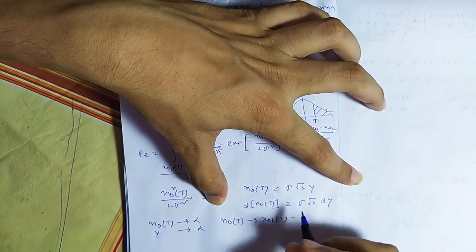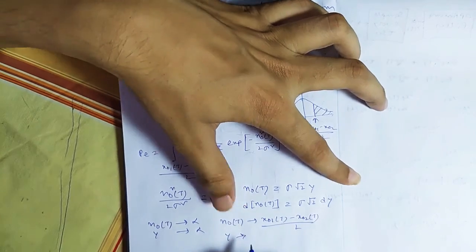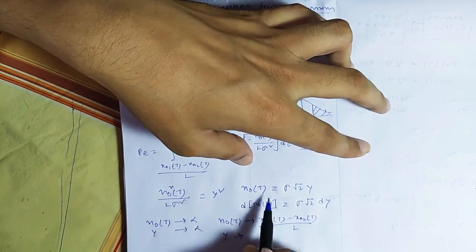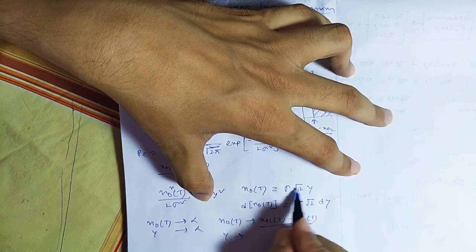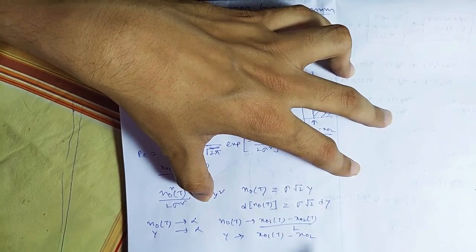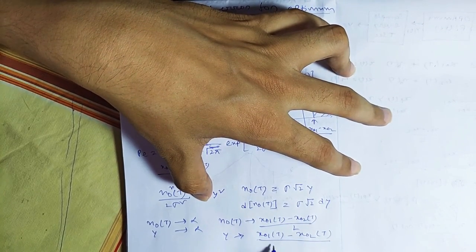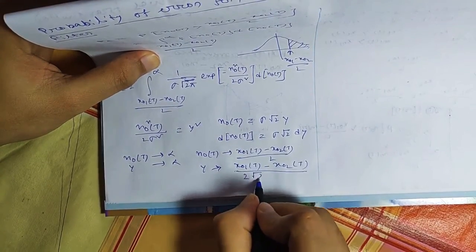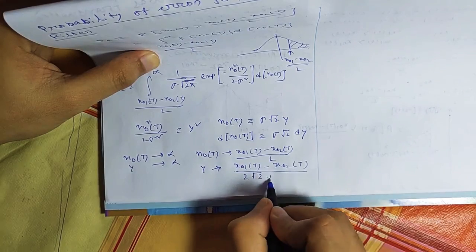x01t minus, y tends to this by sigma root over 2, y tends to x01t minus x02t divided by 2 root 2 into sigma.